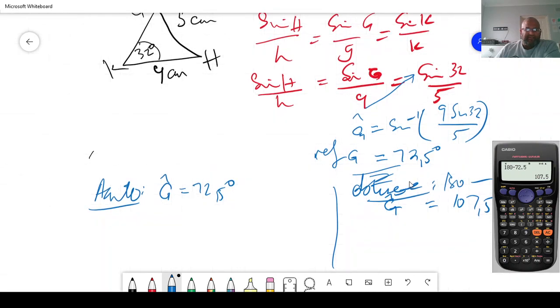If it's an acute angle, then angle H can be worked out as 180. Remember now, angle G is 72.5.